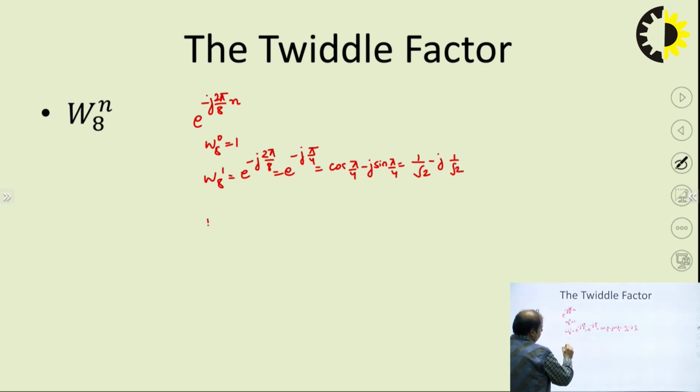Then w8 raised to the power 2 becomes e raised to the power minus j pi by 2, which is simply minus j.